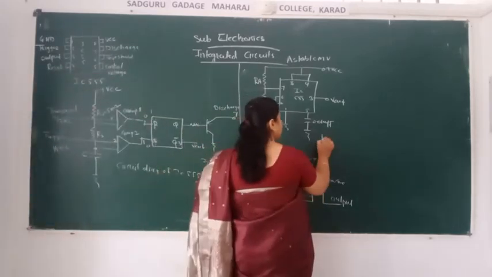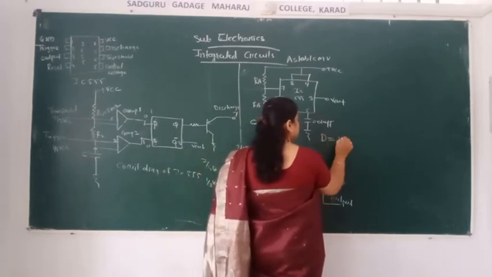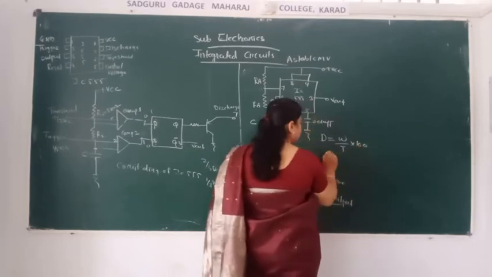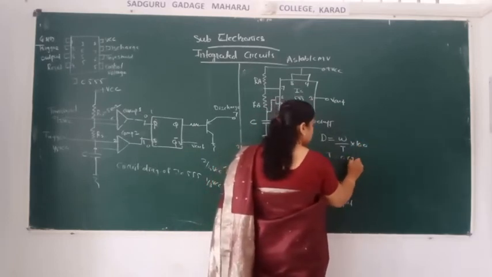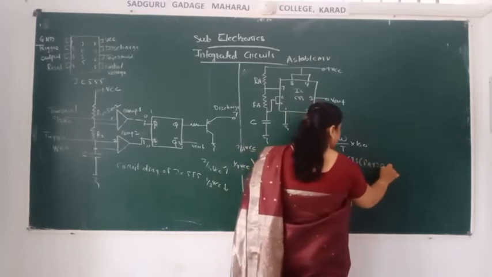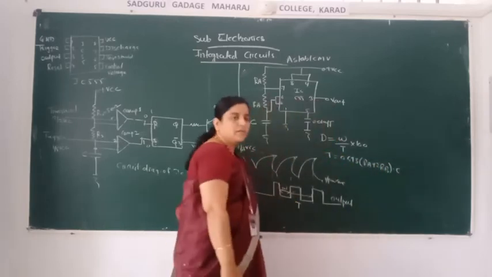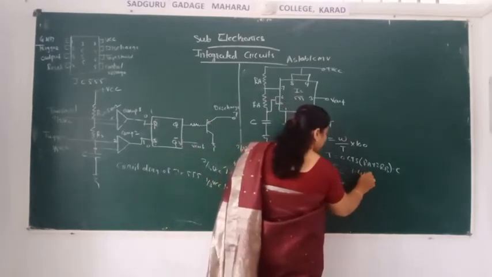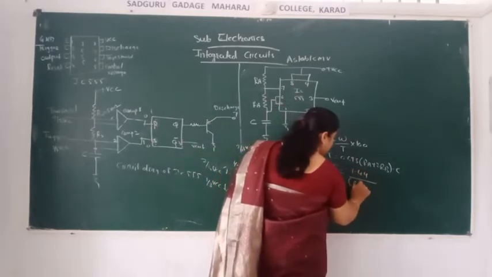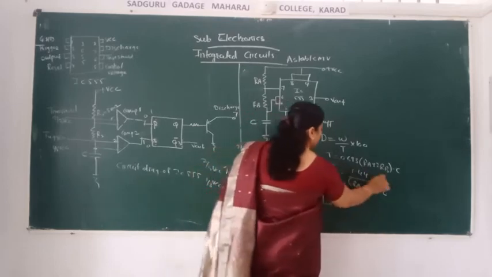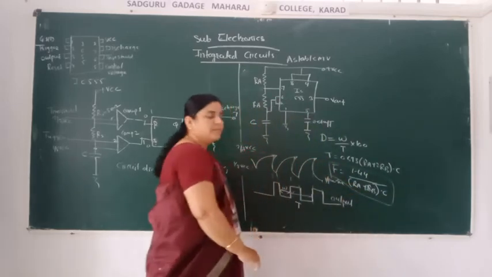And the formula for the astable multivibrator is: duty cycle is equal to W upon T into 100. That T we should know: 0.693 into (RA plus 2RB) into C. From that we have calculated the frequency: F is equal to 1.44 upon (RA plus 2RB) into C. So this is the formula for the astable multivibrator.